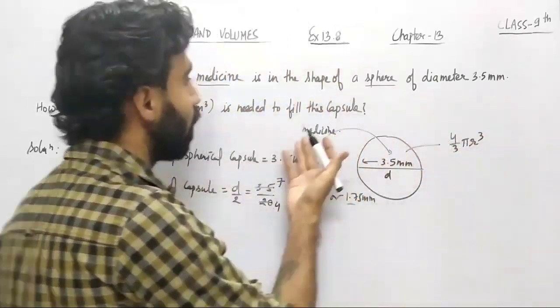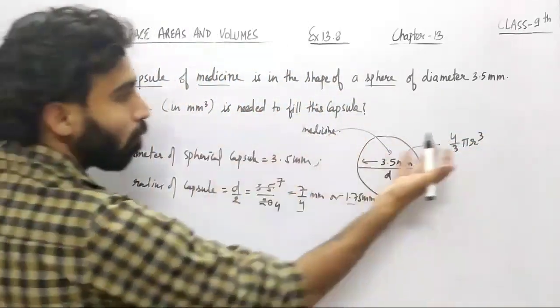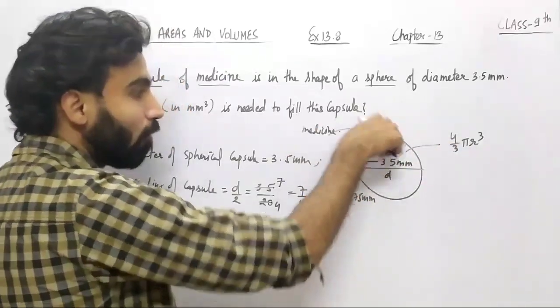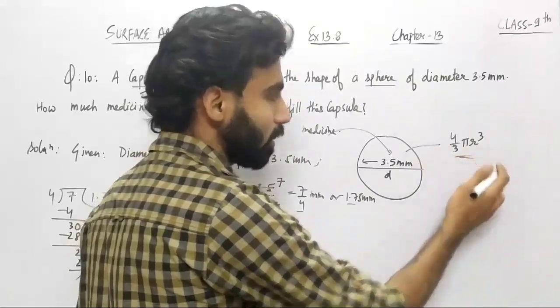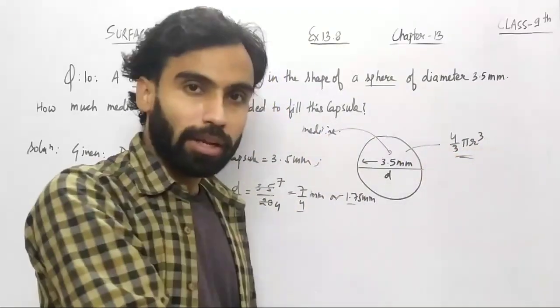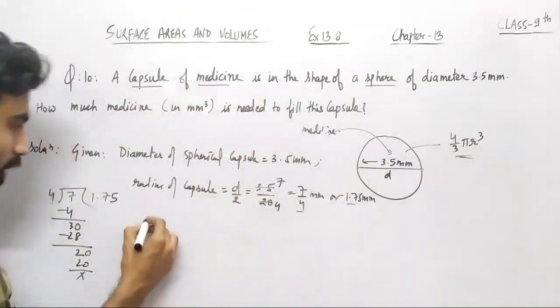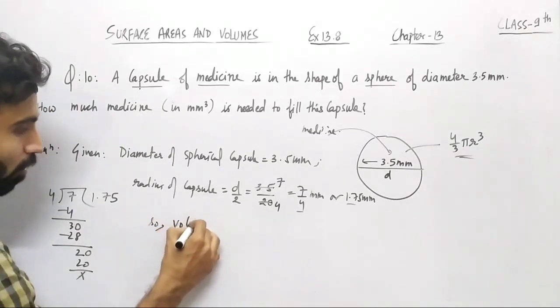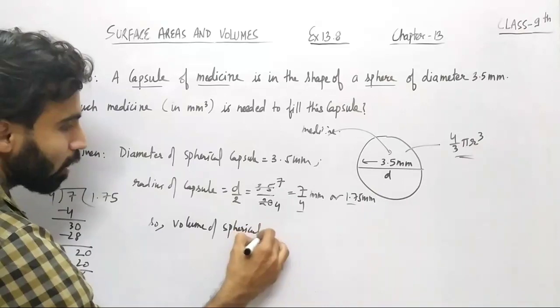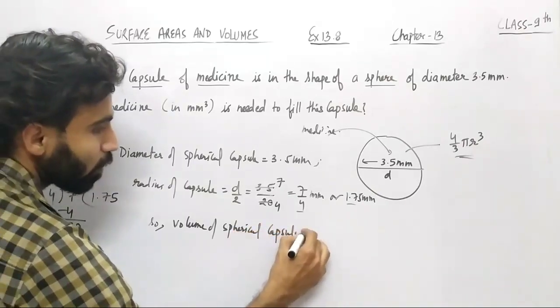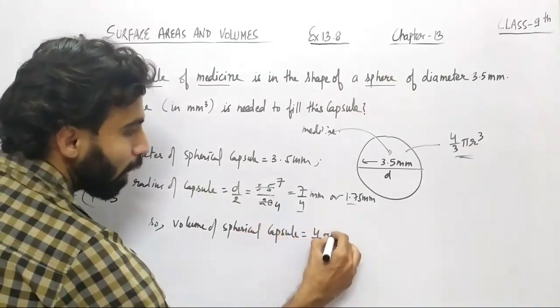So this is going to be the you can see volume of medicine that can actually be filled into this sphere, right? Because the volume of sphere is this. So itni hi medicine bhi you can see fill hogi. So you can see, if I just talk about the volume of spherical capsule, right? So that will be 4 upon 3 pi r cube.